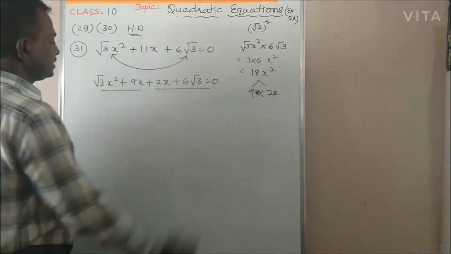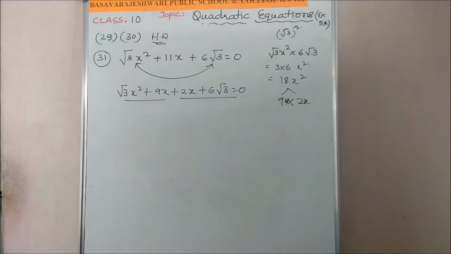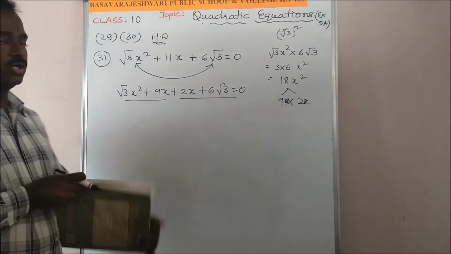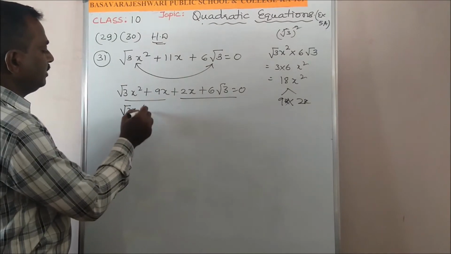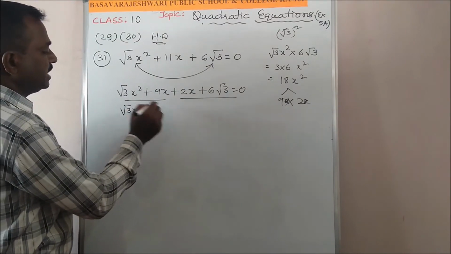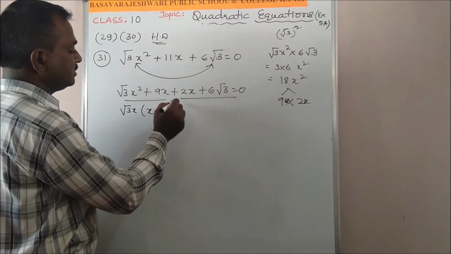Split into two parts. What is the common here? So I will take root 3x as common here. So what remains? X remains. Plus here 3 root 3 remains.